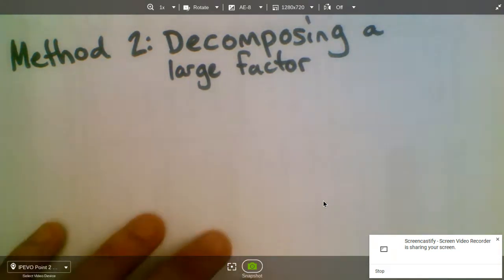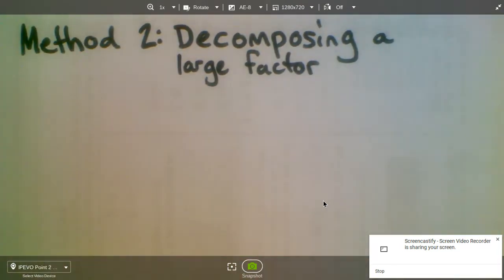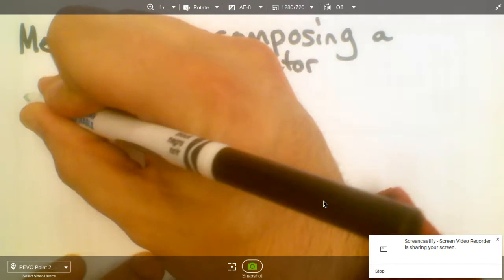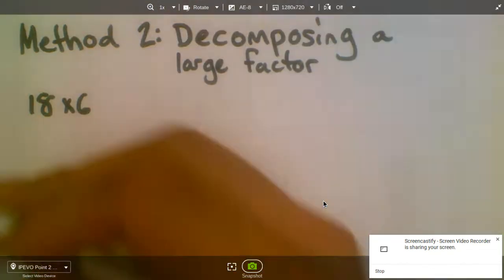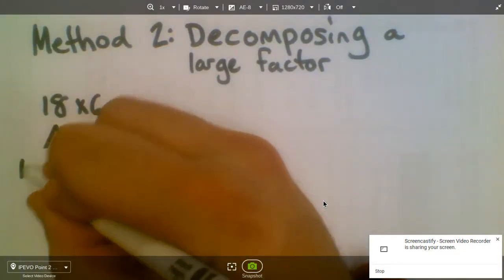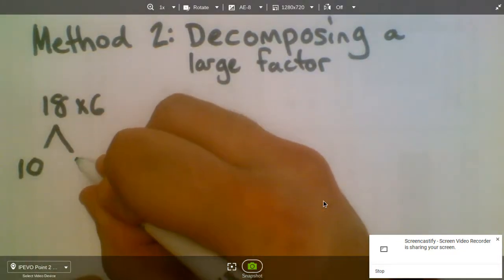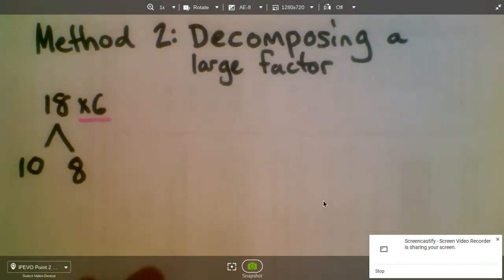So another option is decomposing a larger factor. I'm going to use the exact same strategy, actually. The exact same problem. 18 times 6. So if I was decomposing this, I'm going to break it down using a number bond here. I'm going to show that that's the same as 10 and 8. All right, so I've got 10 and 8, and I know that for each of those, I need to multiply by 6.